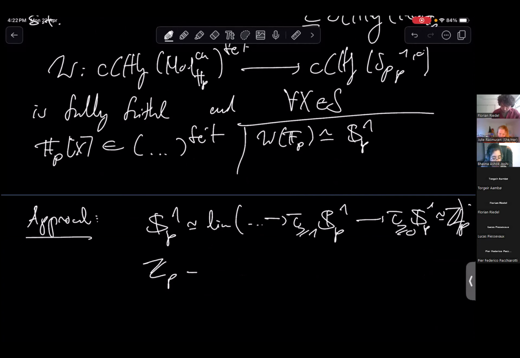And of course everyone knows that Z_p can be written as the limit of its p-completion tower, down to F_p, of course.